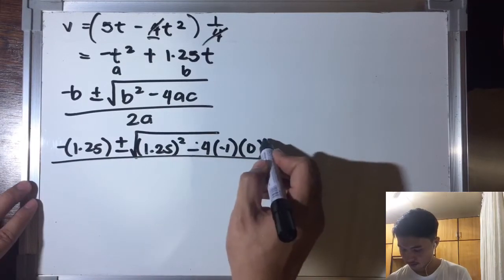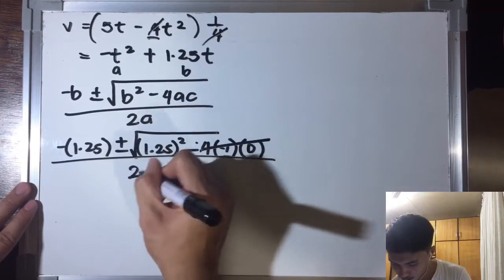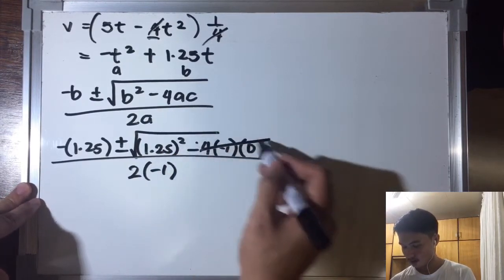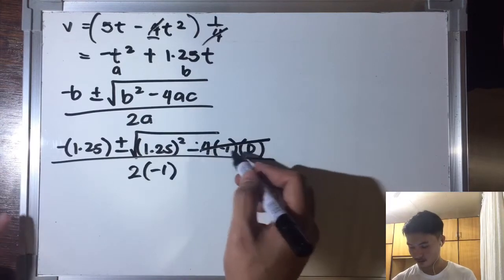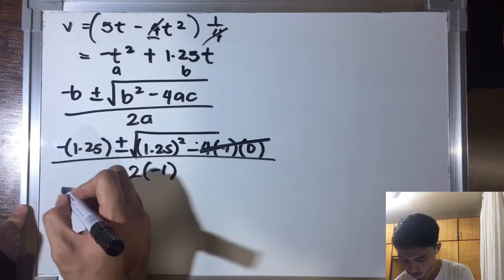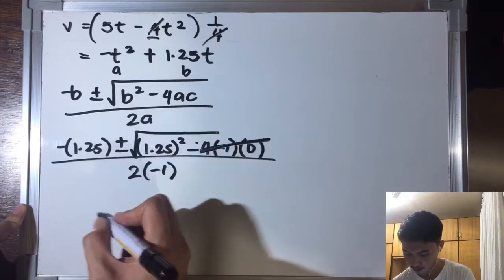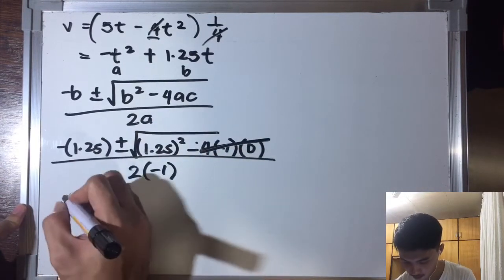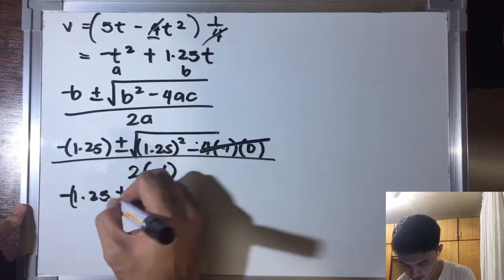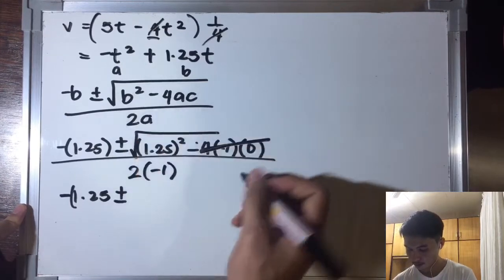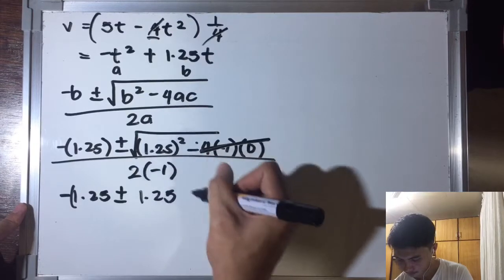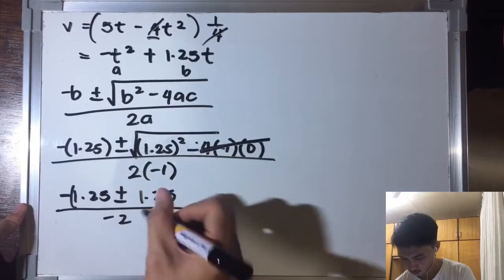And then all over 2 multiplied by a, which is negative 1. Since this is multiplied by 0, it will be cancelled out. So we are just going to solve for the square root of 1.25 squared. So negative 1.25 plus or minus the square root of 1.25, which is simply 1.25, all over negative 2.